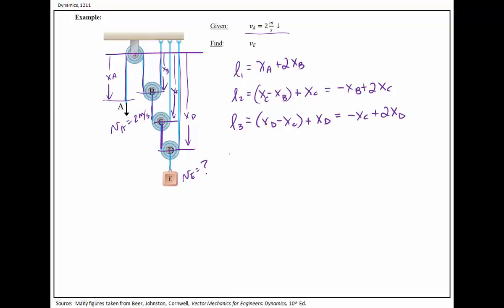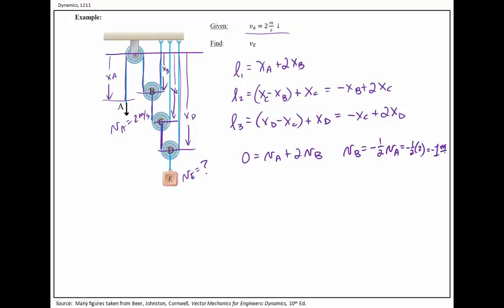Now, for cable 1 right here, we're going to take the derivative, and we'll find that it's equal to VA plus 2VB. Therefore, VB is equal to negative 1/2 VA. Now, we already know VA, so that means VB is going to be negative 1/2 times the 2 meters per second, or negative 1.